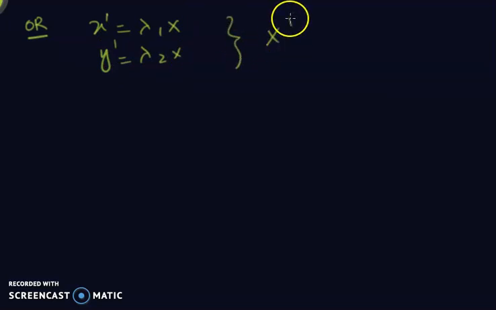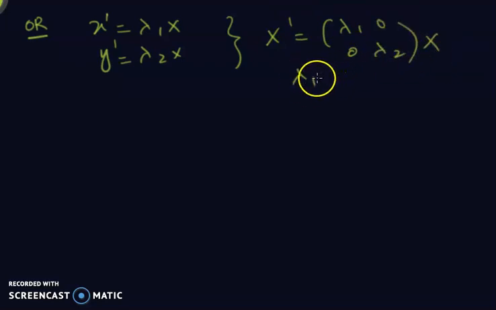Or we can say that our system is x prime equal to lambda 1 x and y prime equal to lambda 2 y, that is, x prime equal to the matrix lambda 1, 0, 0, lambda 2 times x, with lambda 1 being less than lambda 2 being less than 0.